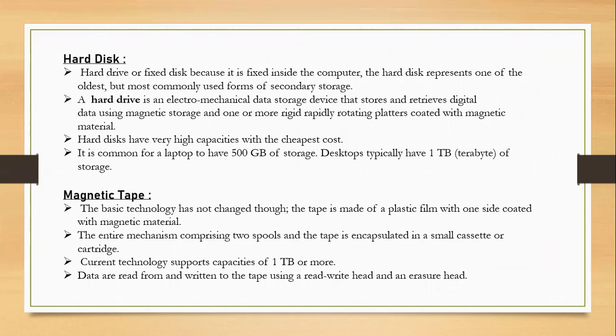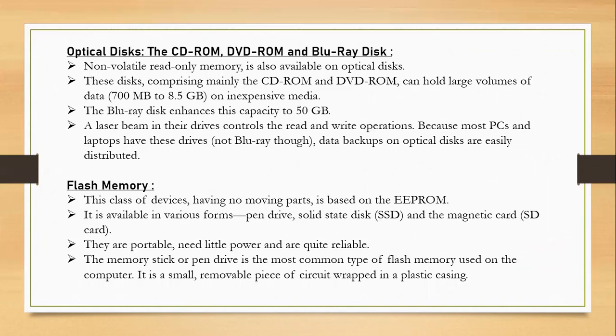Hard disk capacity is normally 500 GB to 1 terabyte. Magnetic tape: current technology supports around 1 terabyte or more. Optical discs are CD-ROM, DVD-ROM, and Blu-ray disc. The pen drive is an example of flash memory, along with solid state disk, SSD, magnetic card, and SD card.